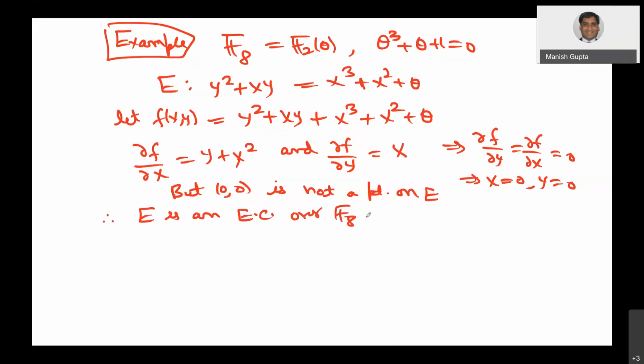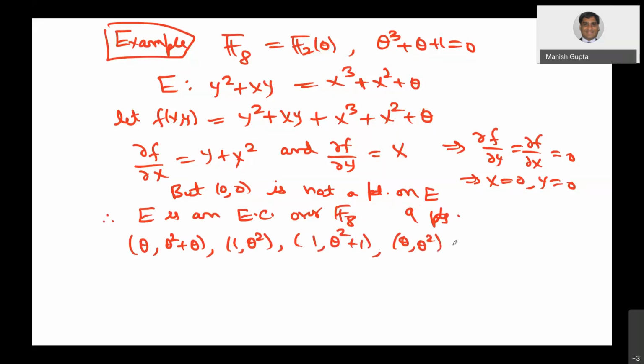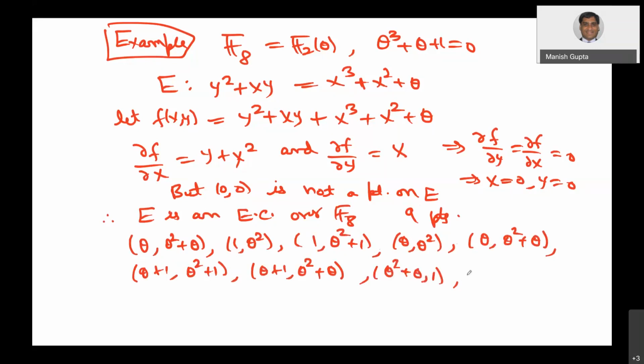Okay. And it contains 9 points. Let me list all those 9 points. Theta, theta square plus theta; 1, theta square; 1, theta square plus 1; theta, theta square; theta, theta square plus theta; theta plus 1, theta square plus 1; theta plus 1, theta square plus theta; theta square plus theta, 1; theta square plus theta, theta square plus theta plus 1.